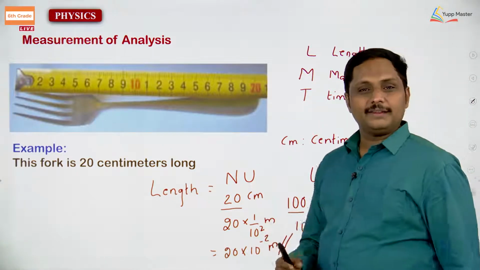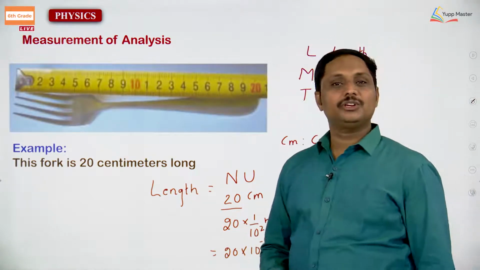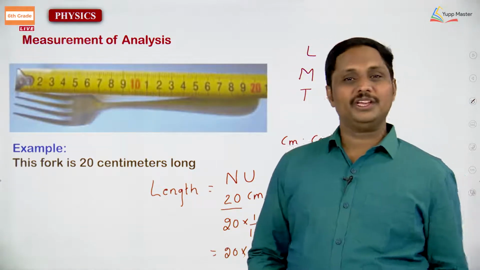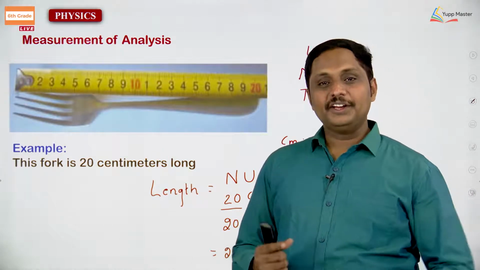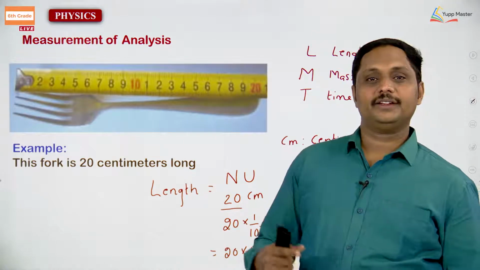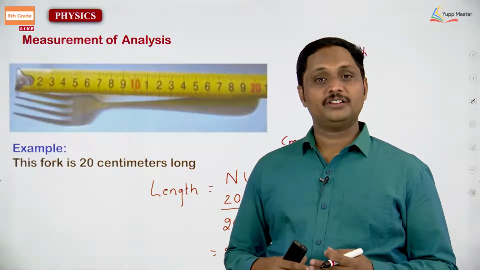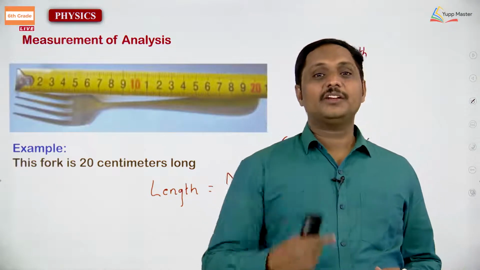Later we will discuss how you will convert. Suppose 1000 grams of sugar is equal to 1 kg. If you ask at the shop, can you give 1000 grams of sugar, the shopkeeper is going to be surprised, no?